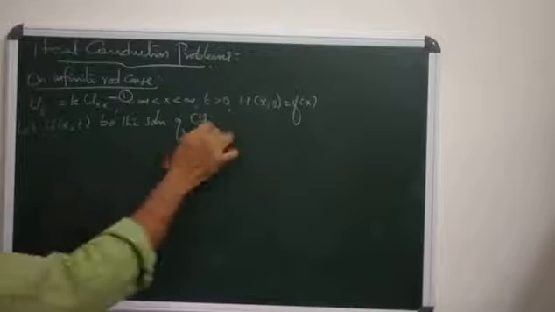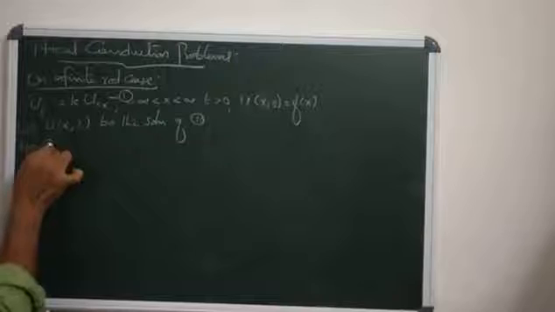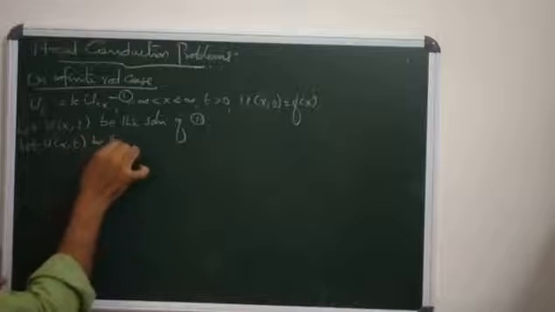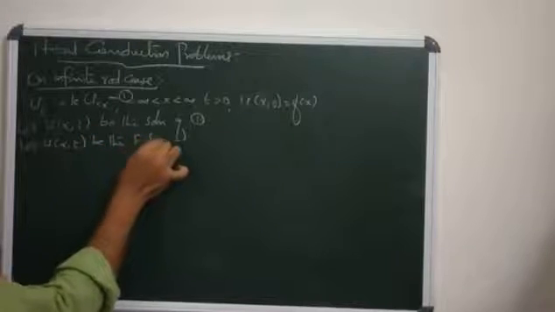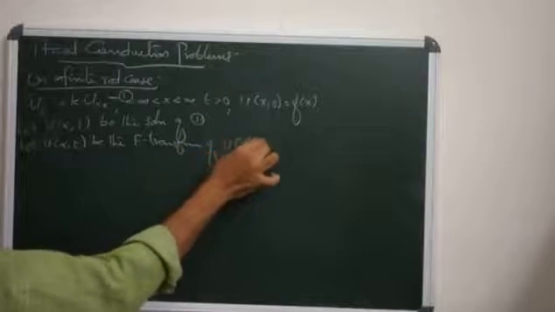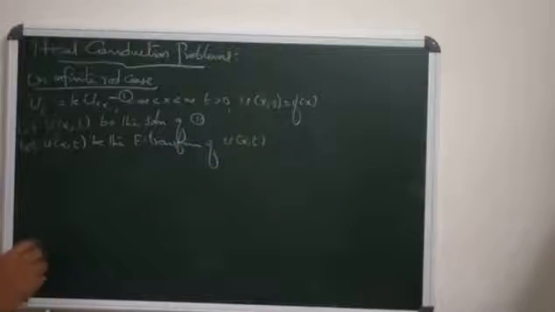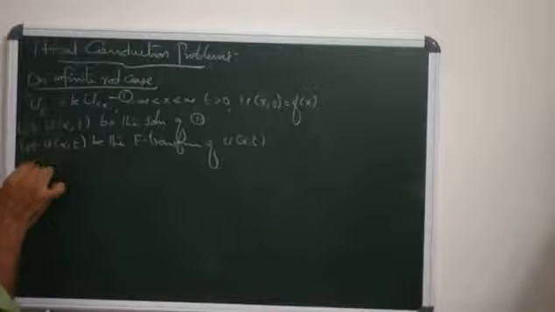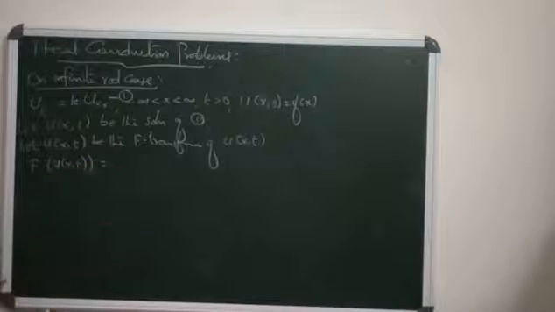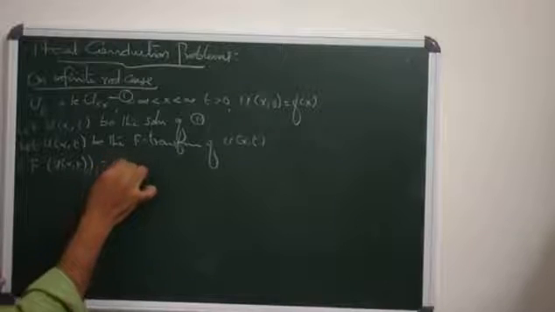Let u of alpha t be the Fourier transform of u of x t. Therefore F of u of x t is nothing but u of alpha t.